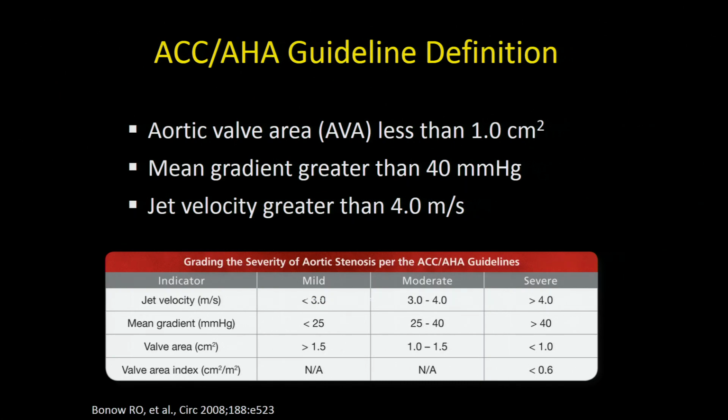The current version has so many levels of detail that may be too granular for this talk specifically, but in general, we look at patients who have a valve area of less than 1 centimeter squared, or a pressure gradient across their valve of greater than 40, or a velocity of blood coming out of their valve of greater than 4. These are all echo parameters typically, although we sometimes look at these things in the cath lab as well. So those are how we classify patients with severe aortic stenosis.